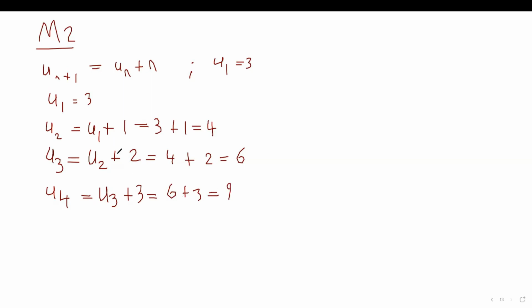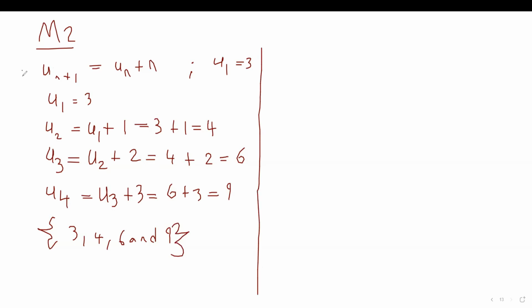So those are the first 4 terms of this sequence. If we write it as a list, it is 3, 4, 6, and 9. So that's the first 4 terms of the sequence.